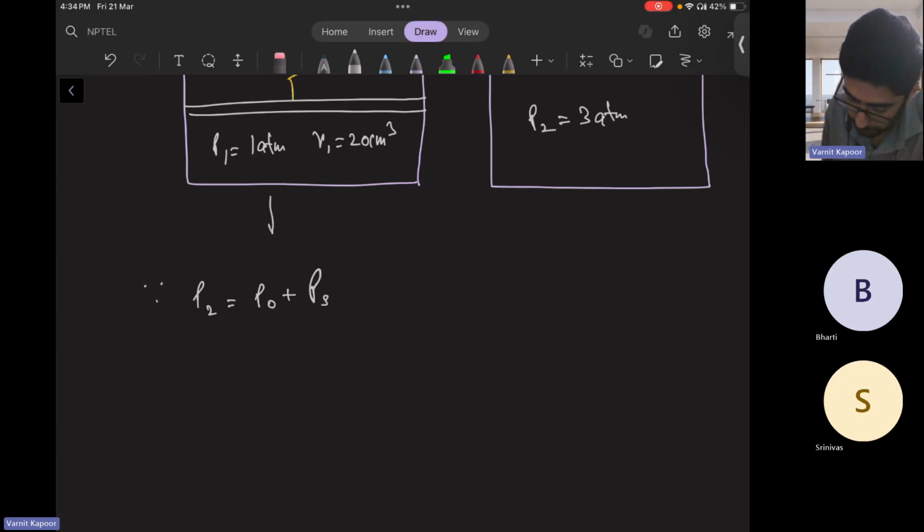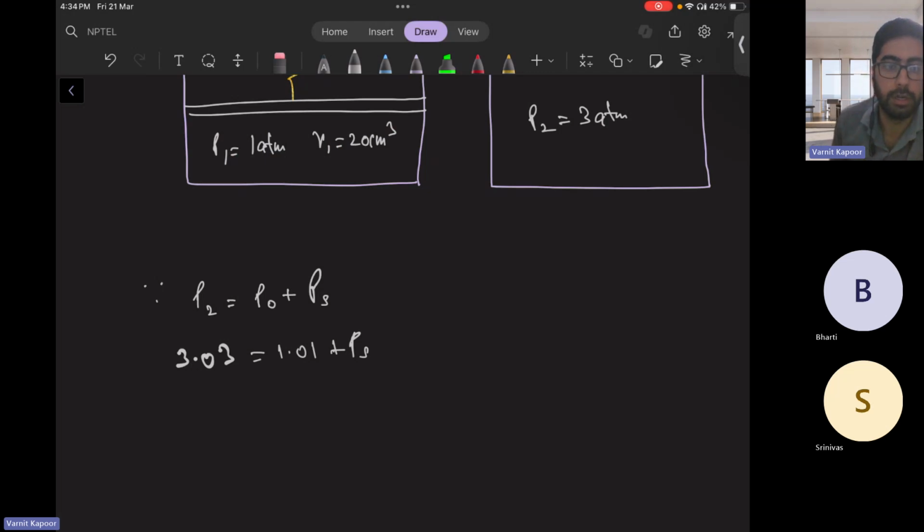What we don't know is the spring pressure. We know that it goes up to 3 atmosphere, that is 3.03, and that P naught is 1.01, but you don't know what P of the spring is. You know the final pressure, and you know the initial pressure inside.